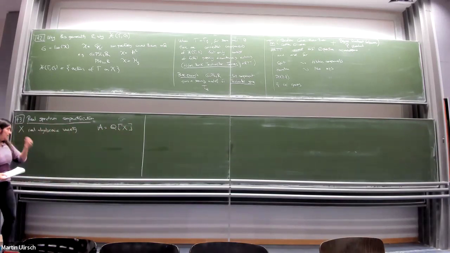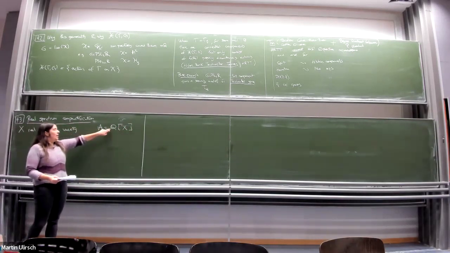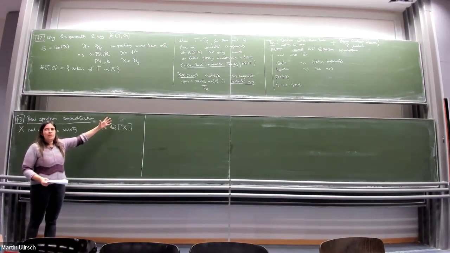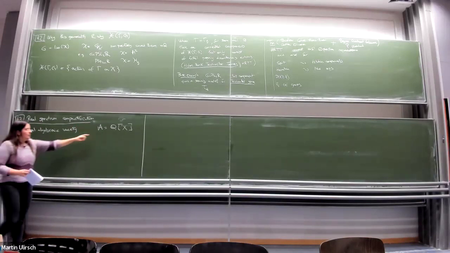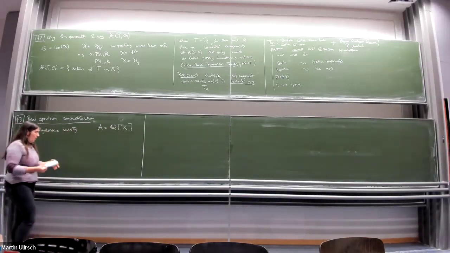Or I could do the same with real coefficients, and that will give slightly different compactifications, R of X, so we get more points, I think maybe.